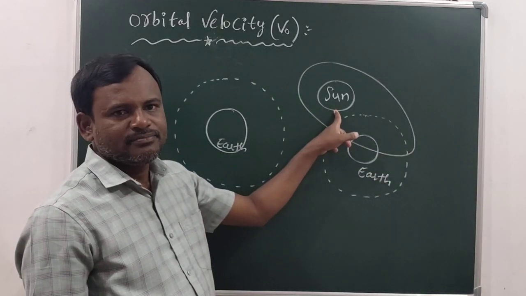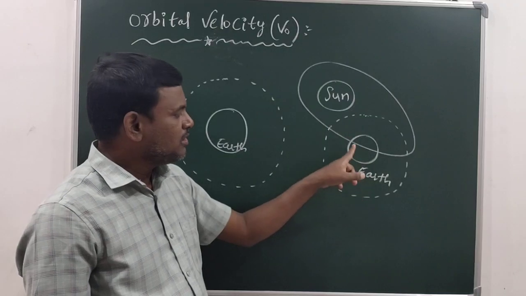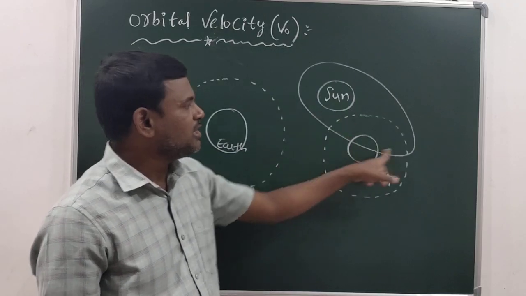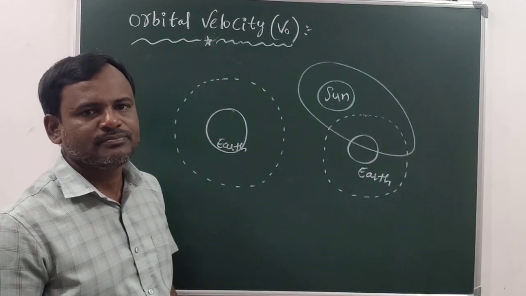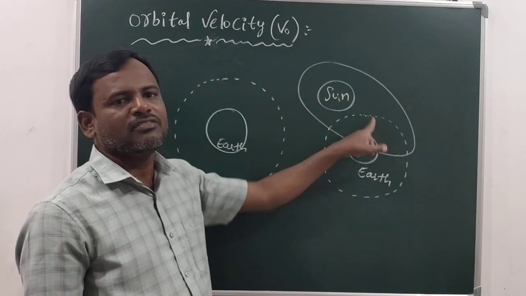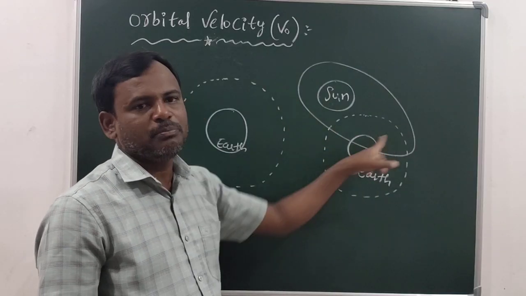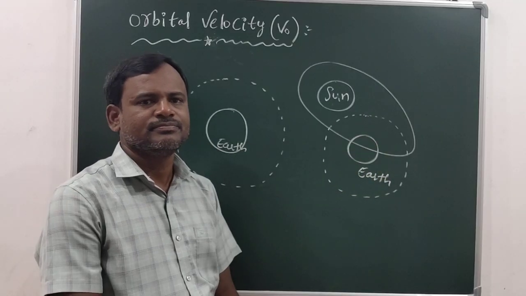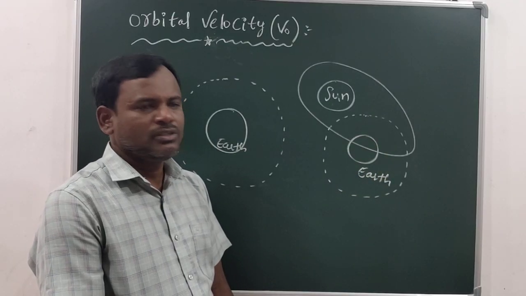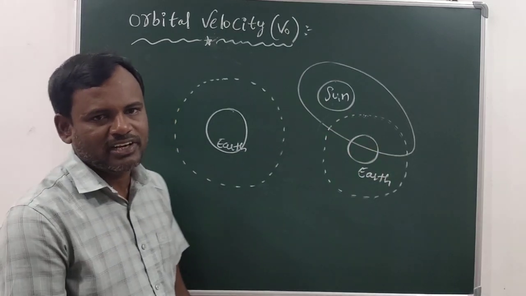Sun is there. You know, Earth is a third planet from the sun. Earth revolving around the sun in elliptical orbit. Sun is kept at any one of the foci of an ellipse. How is the Earth rotating around the ellipse? By rotating itself. So, up to certain distance on the Earth, there is a gravitational field.